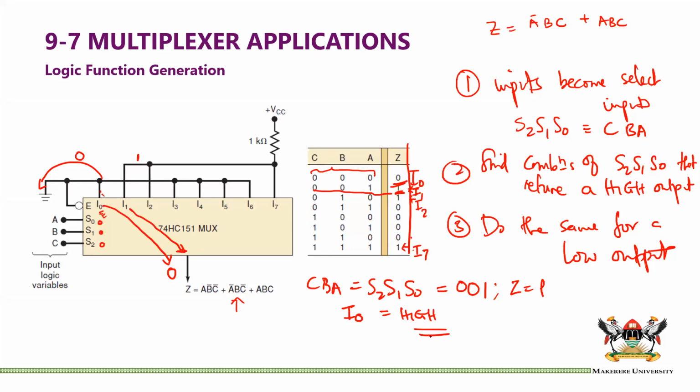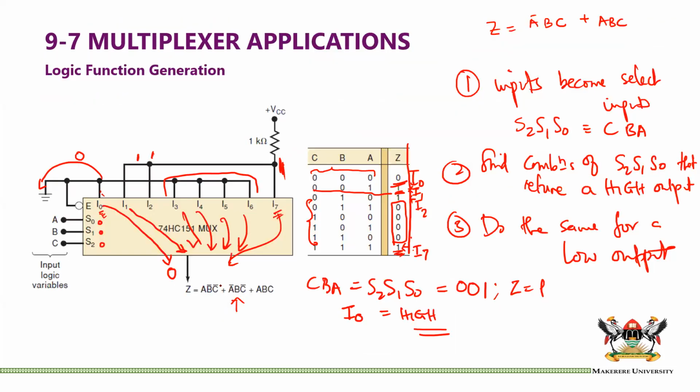You can see that the next one is also high, and the last one, I7, is high. All of the others are 0. Why are they 0? So that when their select inputs select them, a 0 crosses to the output, but for I7, because the output is high, it is connected high, so that when it is selected, you push a 1 out there.